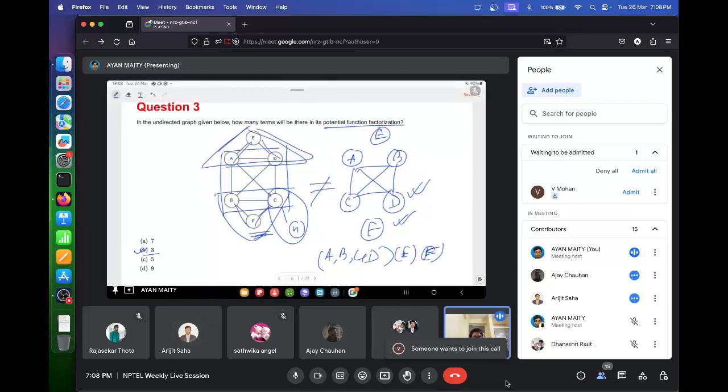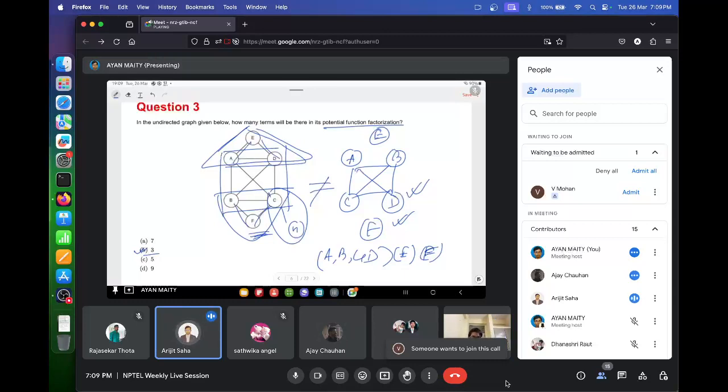So I'm not completely sure what different kinds of factorizations are possible. For this, I can find that three maximal cliques are there. Obviously maximal cliques should form factors, but whether other cliques can form factors or not, I'm not completely sure.